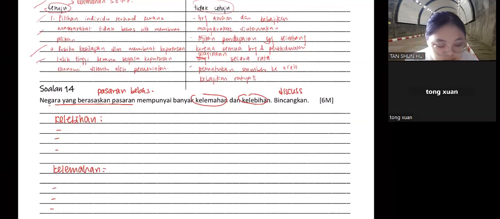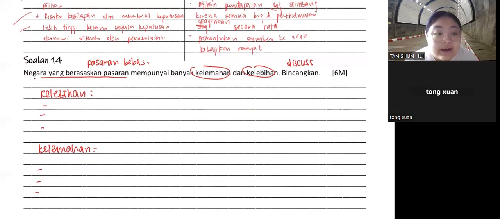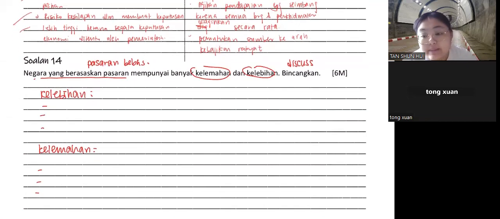Now, this one, I remember we did it, I think, half in the class. So what is the benefit, what is the kebaikan for pasaran bebas? Of course, previously. Yes, you have a freedom, right? So you can say kepuasan dapat dimaksimumkan.